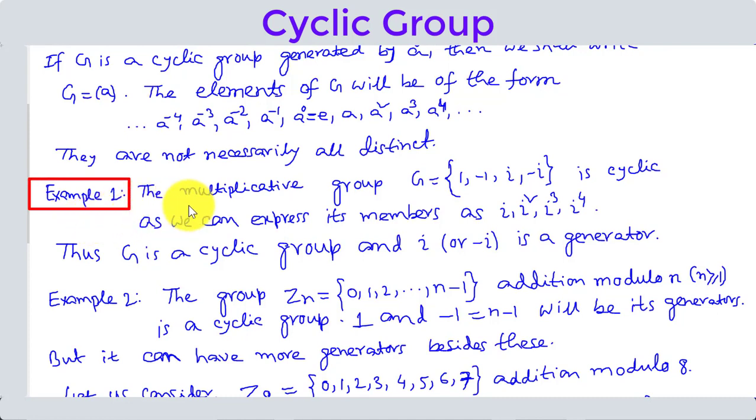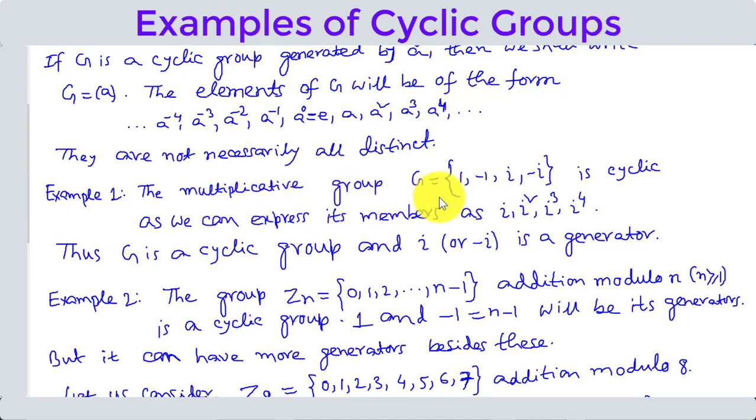Example 1. The multiplicative group G is equal to {1, -1, i, -i} is cyclic, as we can express its members as i square, i cube, i to the power 4.